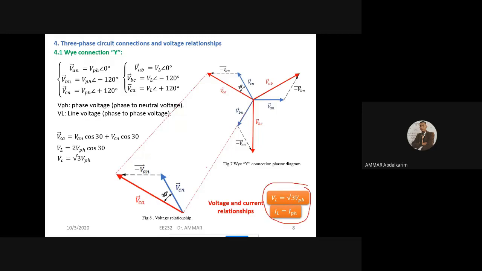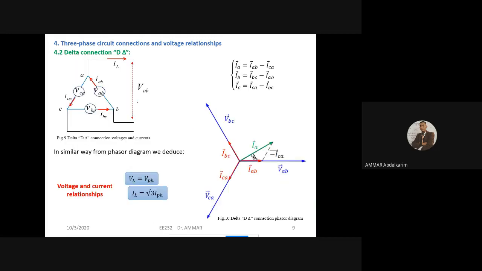While in delta connection, we have a single voltage, which is the phase voltage, and it can also be called line voltage, because they are the same thing. While we have different currents.